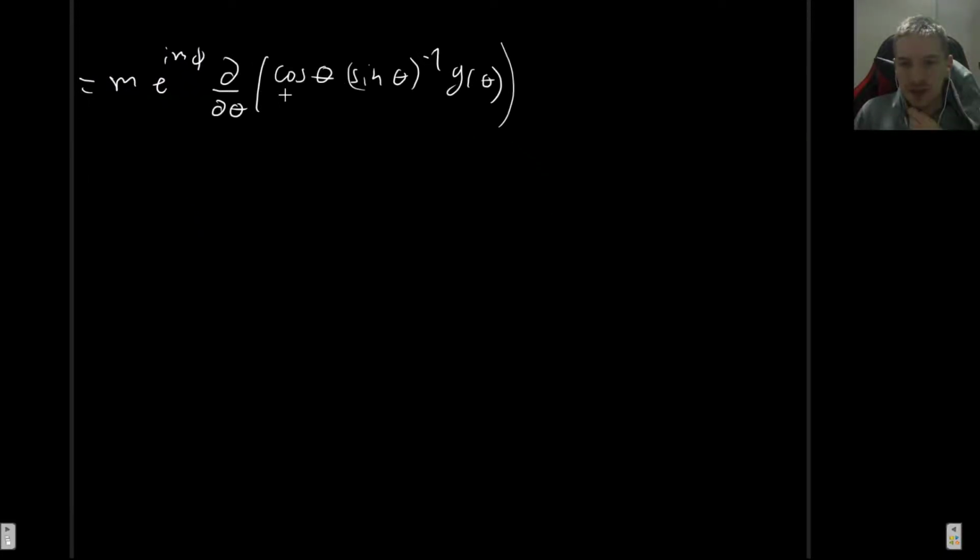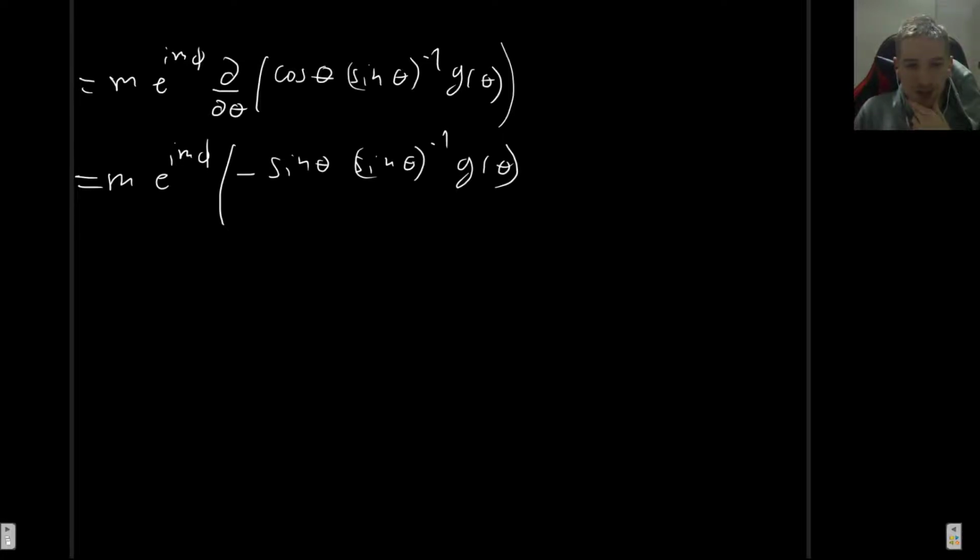So what is this derivative going to be? Well, let's apply the product rule 3 times. So we get m e^{i m phi}. So for the first term, we get minus sine of theta times sine of theta to the minus first power g of theta. So the signs will cancel out, and we are left with only g of theta. Okay, let's now apply the derivative to the sine of theta to the minus first power.